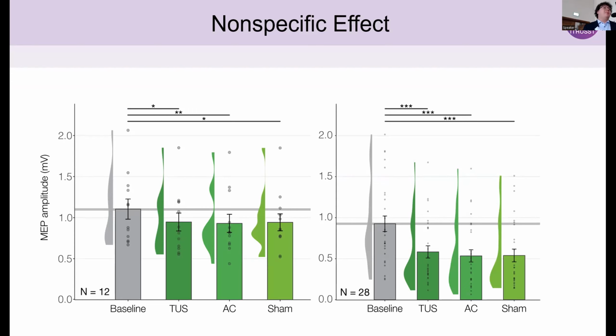On top of that, administration of a sound alone, regardless of whether we did it over bone conducting headphones or whether we did it in a very precisely timed manner, also resulted in this inhibition. So what it looks like is that sound, rather than ultrasound, might be responsible for the motor inhibition that we've observed thus far. And it's going to get worse.